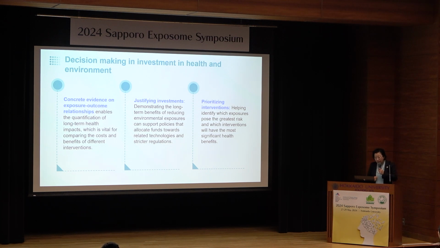And also, policymakers are really keen to know which interventions should be prioritized. So the result will help identify which exposures pose the greatest risk and which interventions will bring the most significant health benefit.